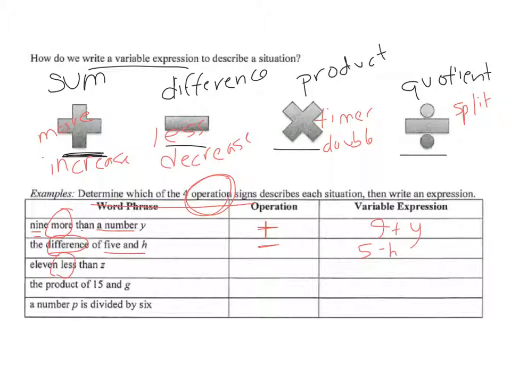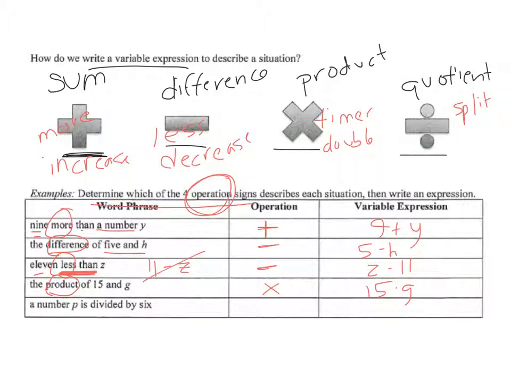11 less means subtract. But remember, when it says less than, you're going to flip the order. So instead of writing 11 minus z, you don't do that because it's less than. You write z minus 11. The product means multiply. So I'm going to multiply 15 times g.